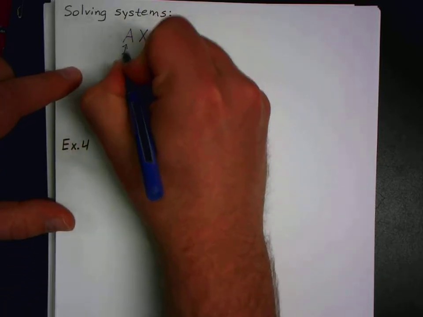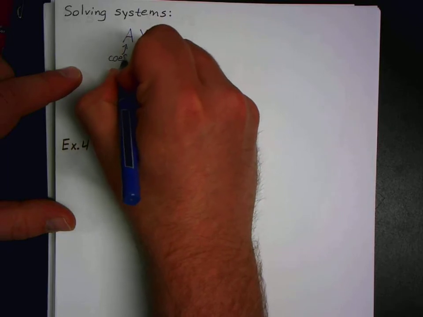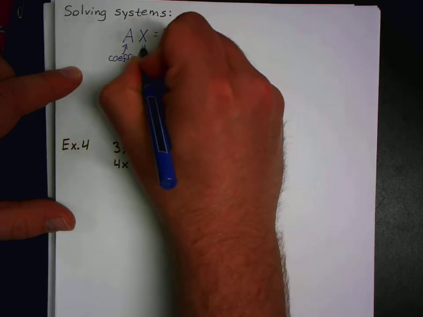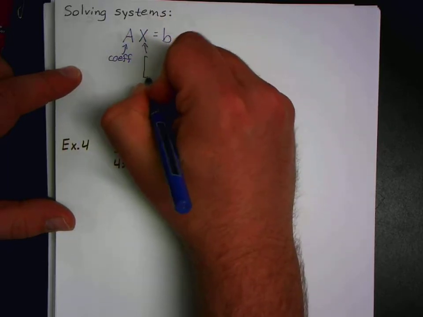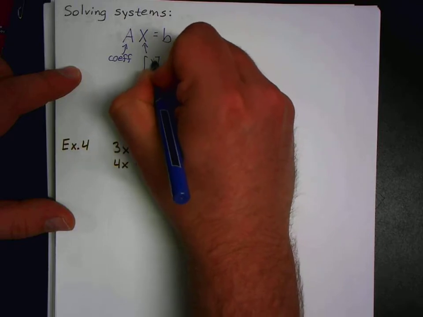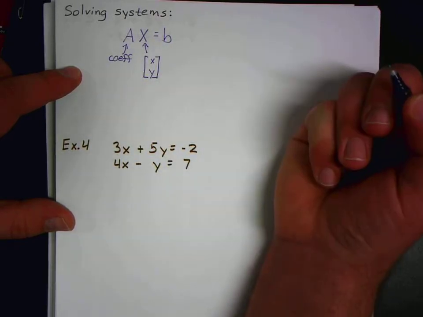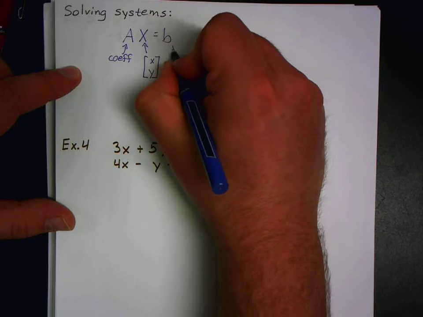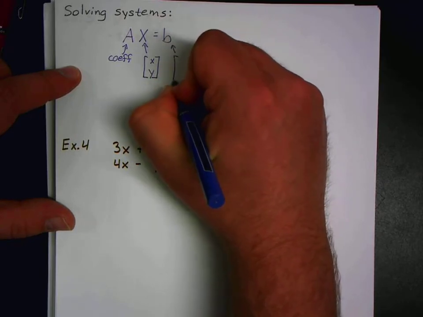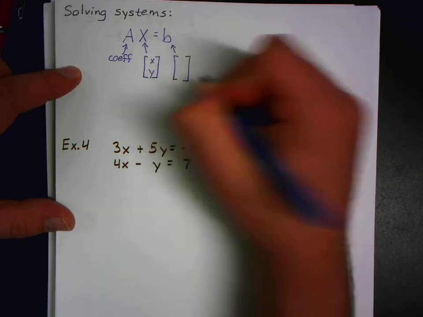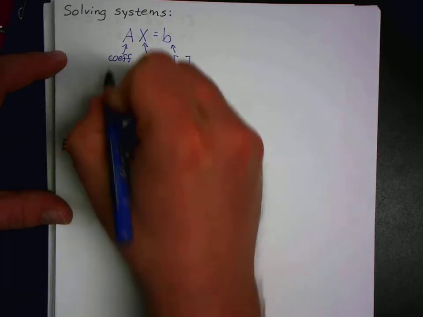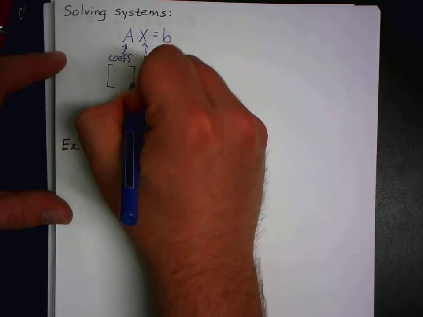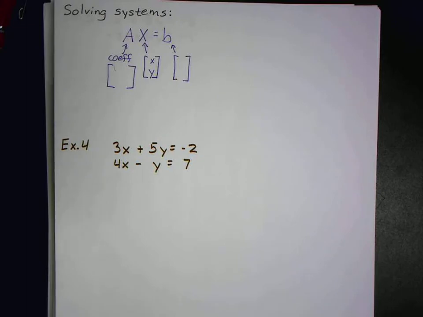A is your coefficients. This is your variables, so this is a matrix that looks like this. And then these are your numbers on your other side, so that'll be your two numbers. Your coefficient matrix is a 2 by 2 with your coefficients.